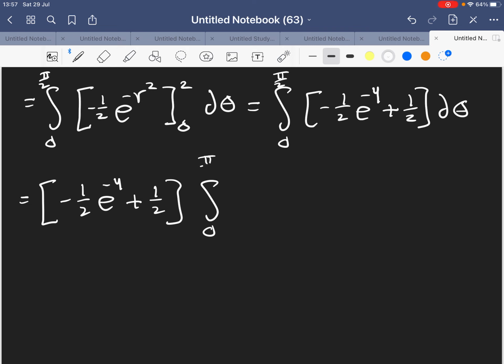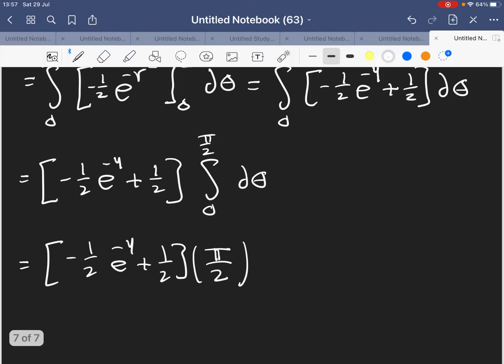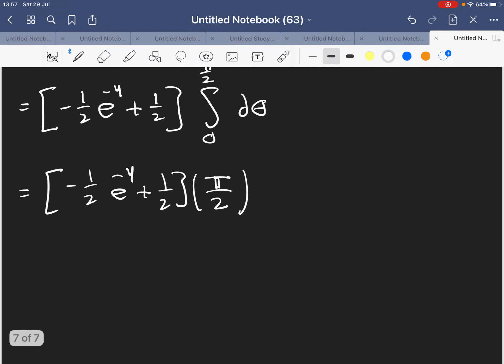And then we have the integral from 0 to pi over 2 of only d theta, which will be the final answer. Negative half e to the negative 4 plus 1 over 2, and then we have pi over 2. And that's the final answer for this question.